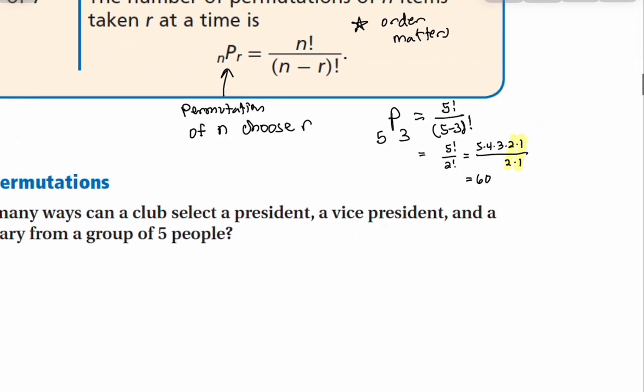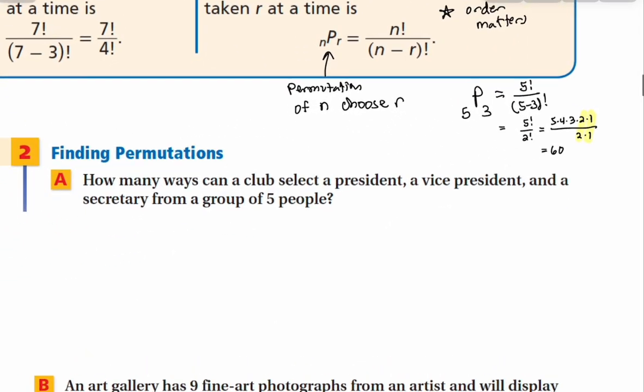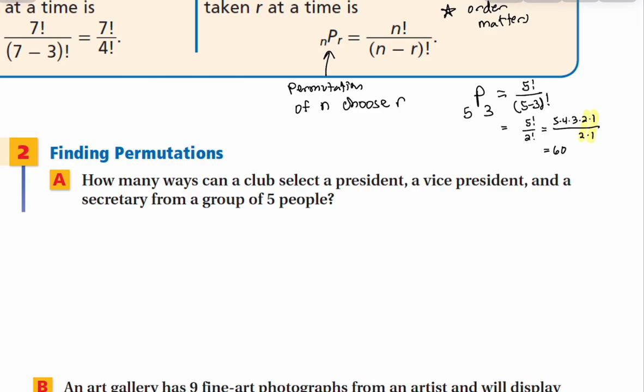Now, let's wrap this around some words by finding a permutation that matches our 2A example. Okay, so let's look at this question and let's talk about this example. It says, how many ways can a club select a president, a vice president, and a secretary from a group of 5 people?